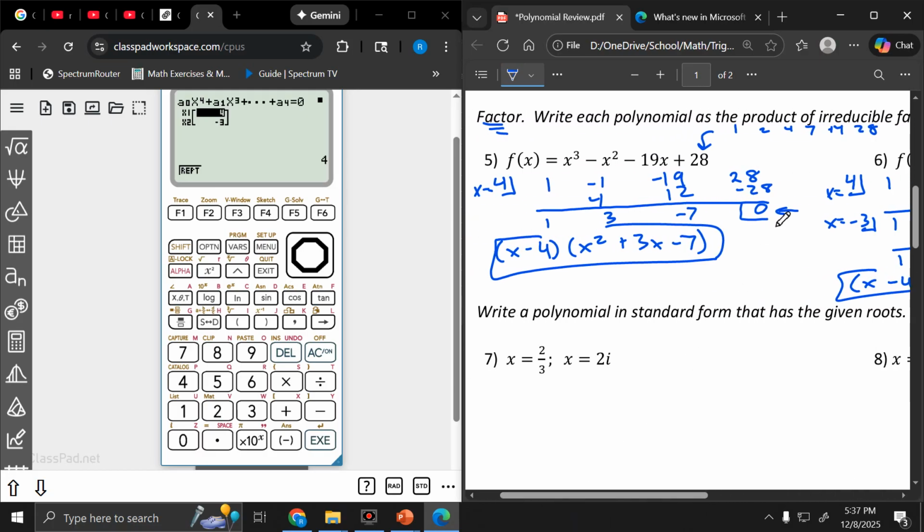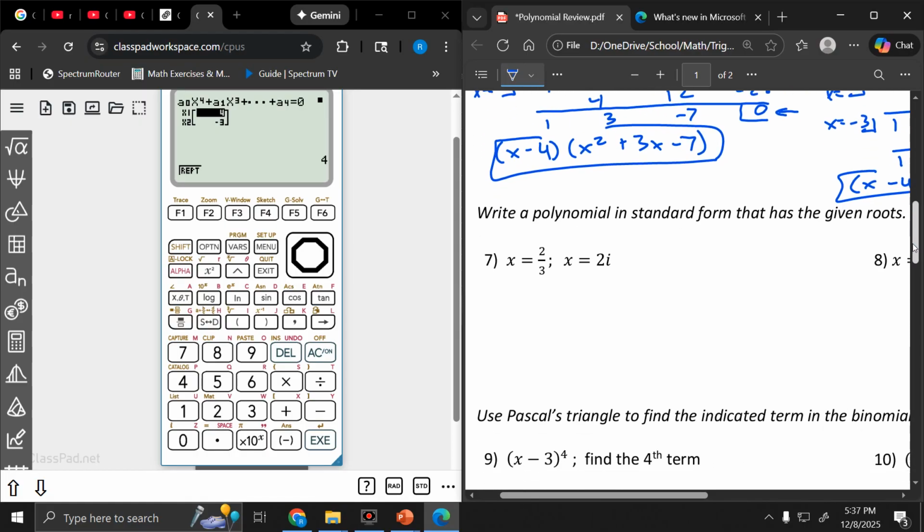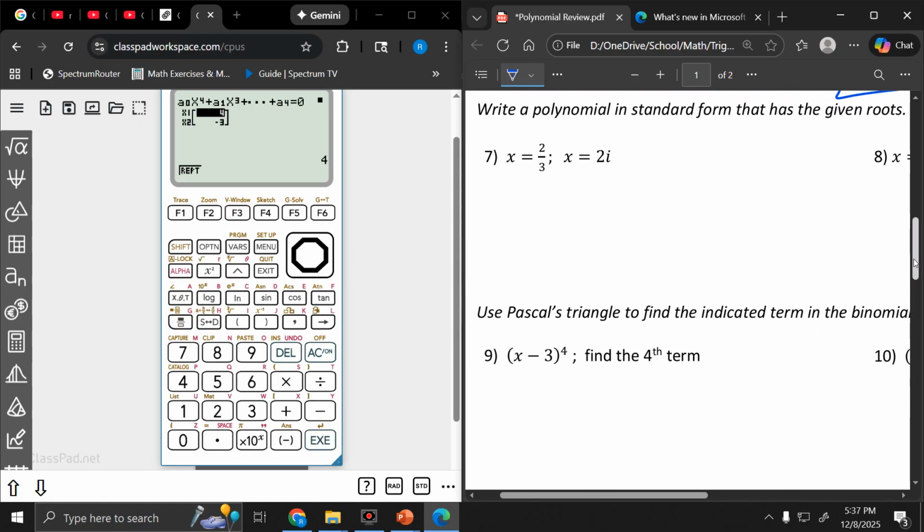All right, next set of directions says write a polynomial. Go ahead and give that a try. Okay, so this gets into the conjugate root theorem, which isn't going to apply for this first one, but it does apply to that. If I have x equals 2i, then I must also have x equals negative 2i.